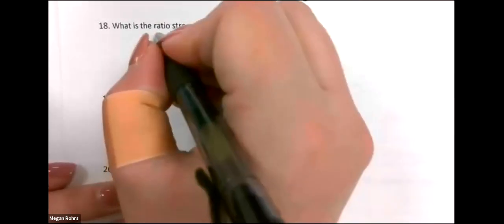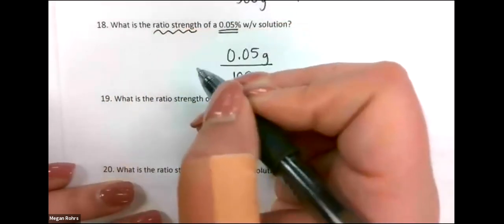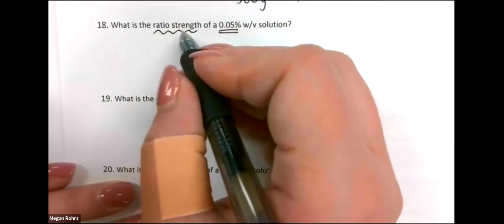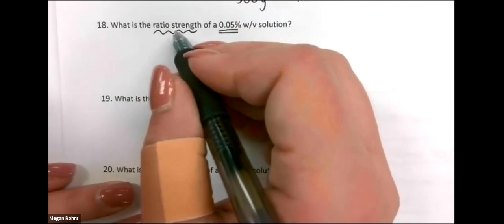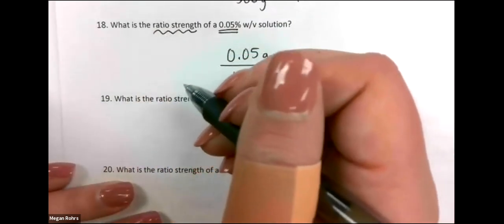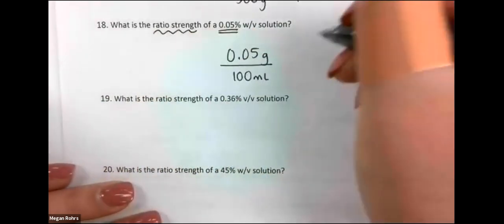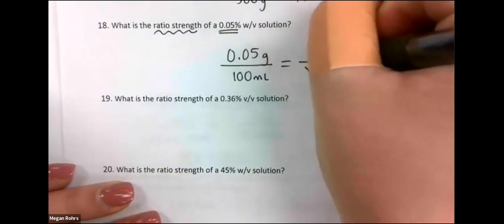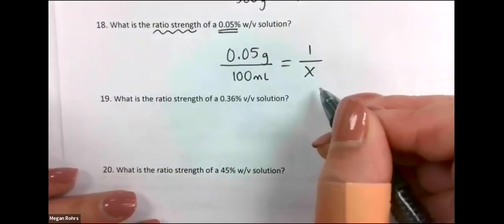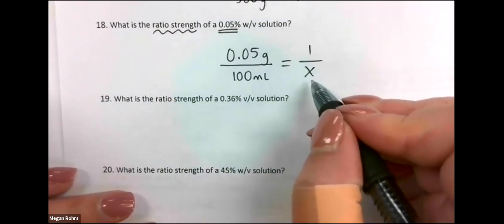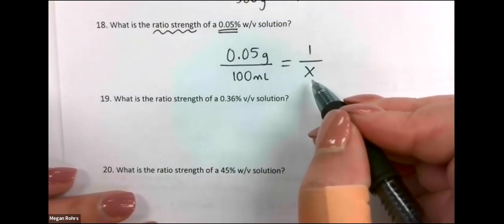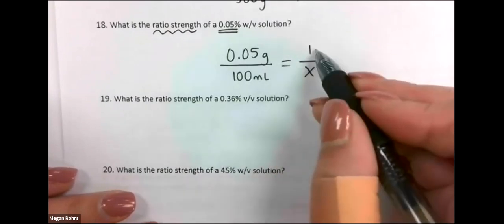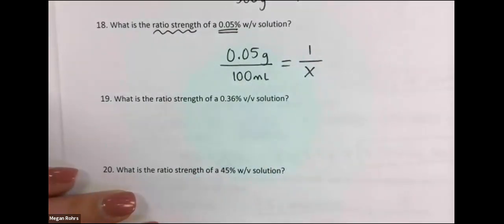Now this time we're looking for ratio strength. Remember, ratio strength is always 1 to X or 1 over X. So I can just set this equal to 1 over X. The X will give me the second part of my ratio. So when I solve here, we have 100 divided by 0.05, which gives me 2,000.